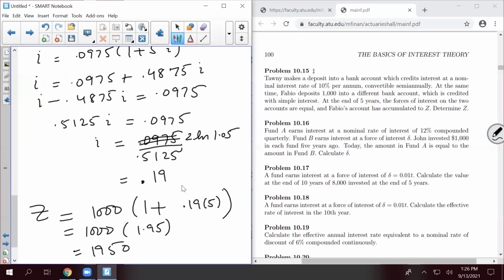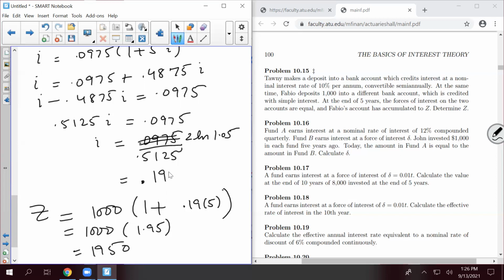It should be around this; divide by 0.5125. 0.1904.